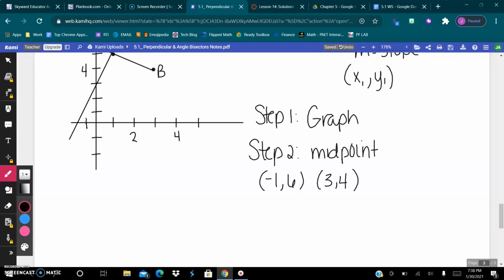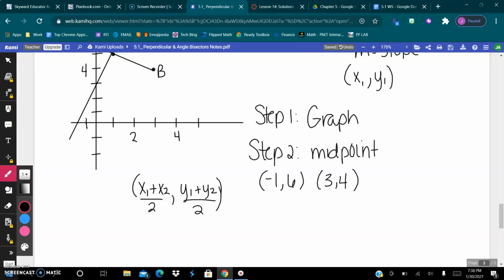And remember the midpoint formula is (x1 plus x2) divided by 2, comma, (y1 plus y2) divided by 2. So we're going to find that ordered pair.